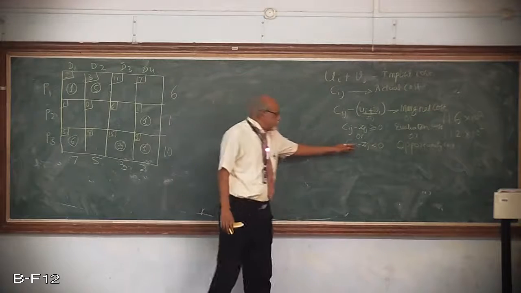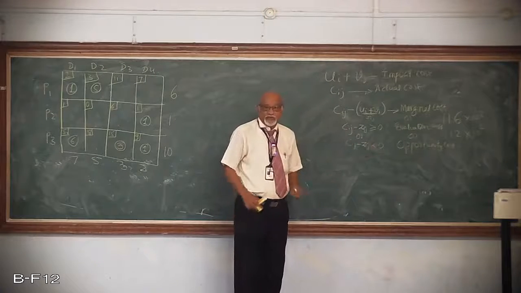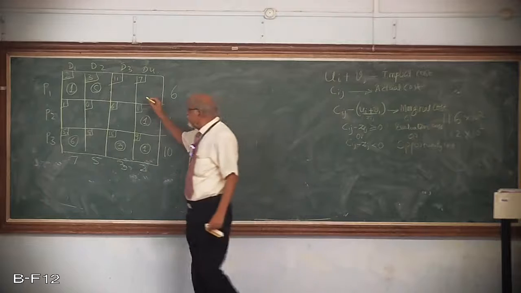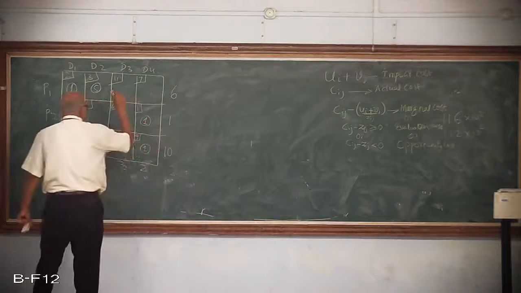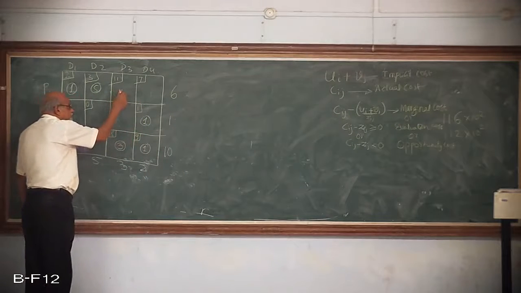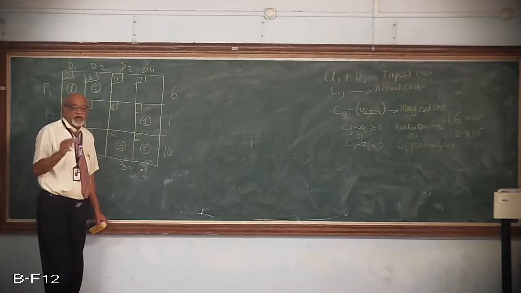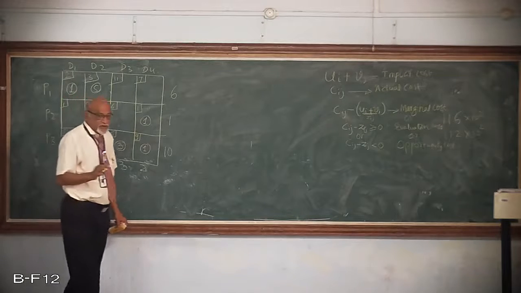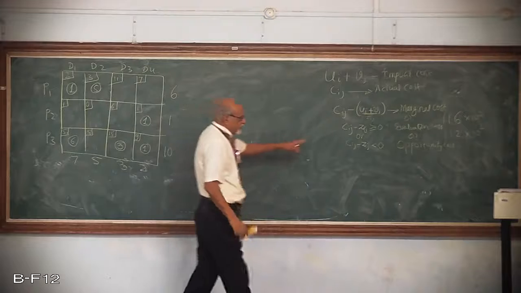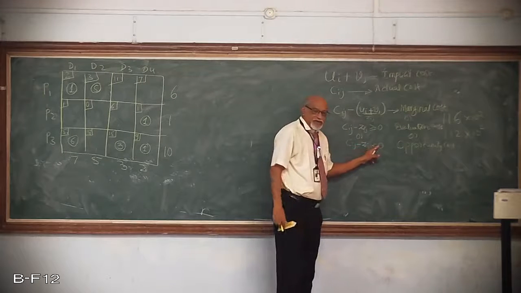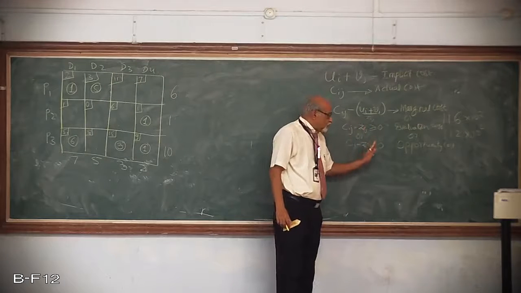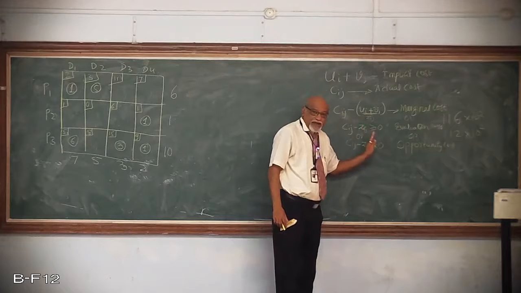And if it is less than 0, that means by allocating something into that empty cell, it is going to reduce the cost by that amount. Negative means the transportation cost will be reduced by that much.